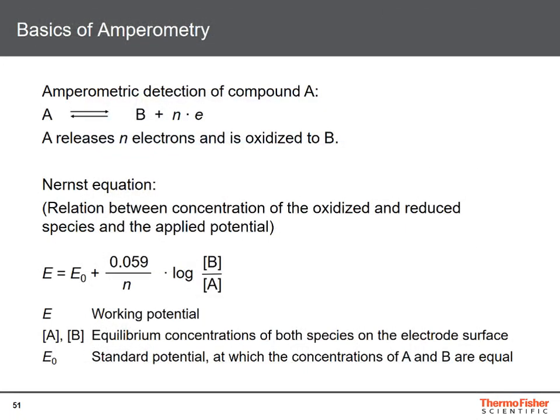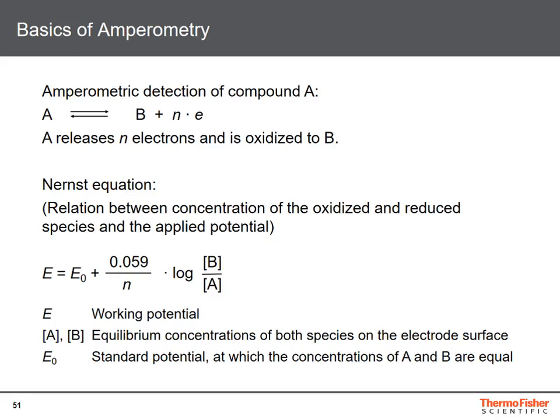The next slide summarizes some of the basics of amperometry. Let us assume the amperometric detection of a compound A being oxidized to compound B and releasing a number of electrons. These electrons are forming a current, and this current is what we actually measure in amperometric detection.